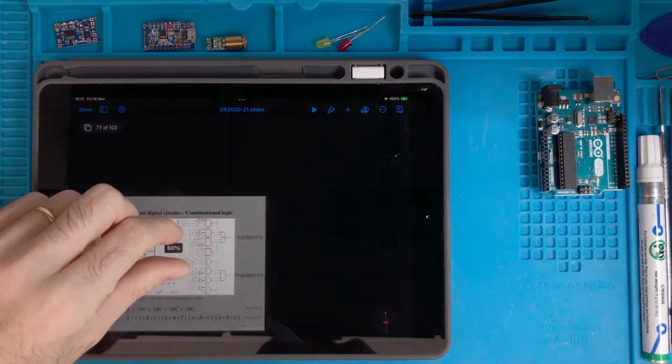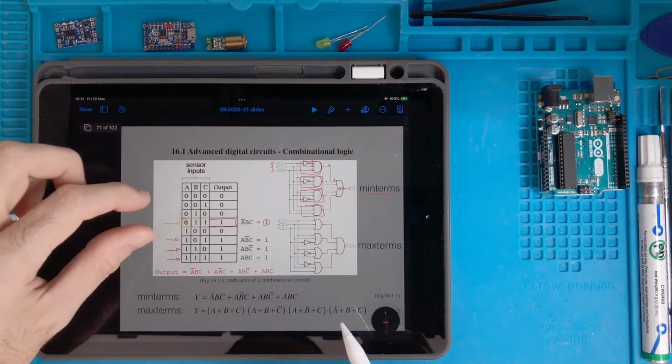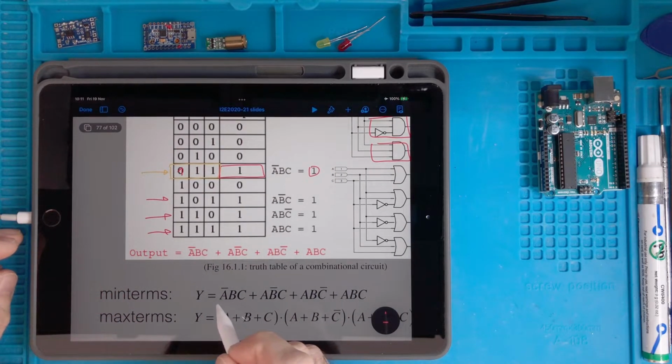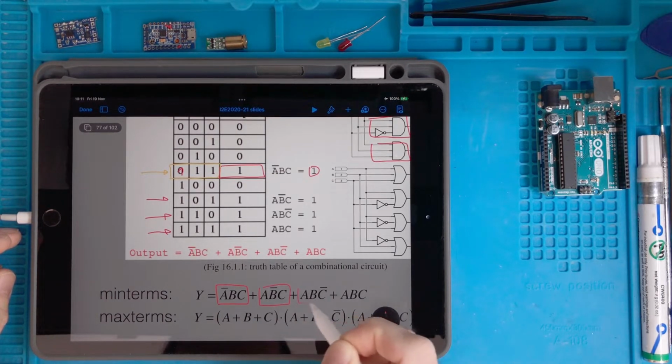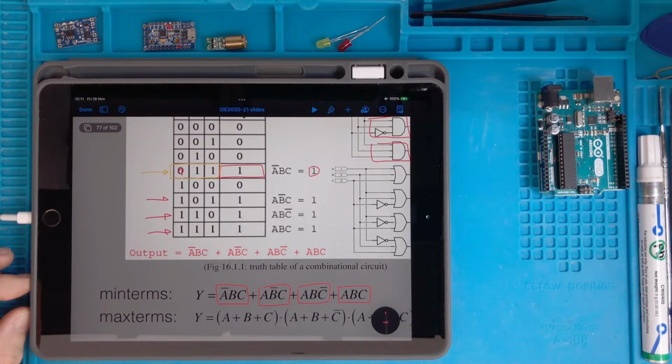So this method is called the min-terms method, and the min-terms are those AND gates. Then there is an interesting thing in digital electronics. It is always possible to do one thing and a sort of complementary thing.